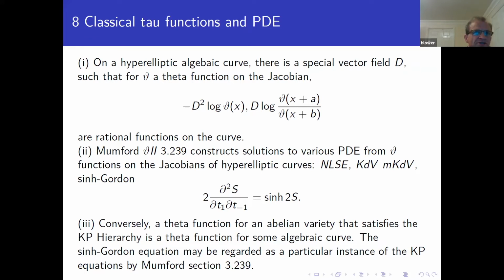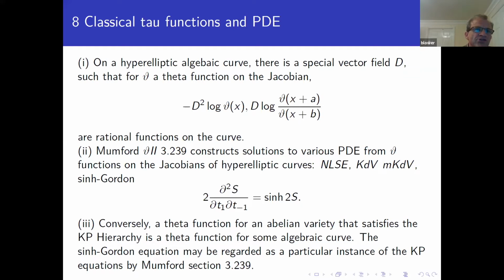And if it satisfies the differential equations of the KP hierarchy, it turns out that the theta function actually must arise as a theta function from some algebraic curve. So this result is a way of identifying the particular class of theta functions that are associated with algebraic curves, as opposed to those that are just constructed from general abelian varieties.